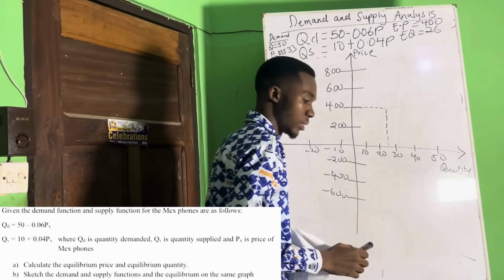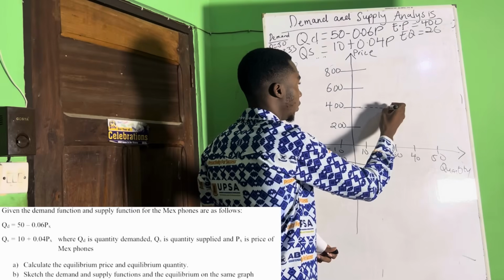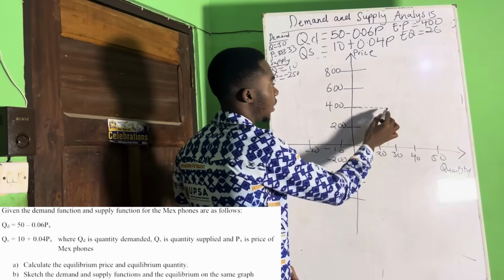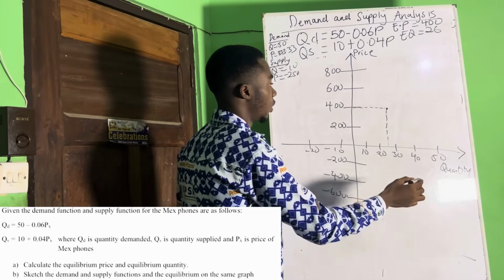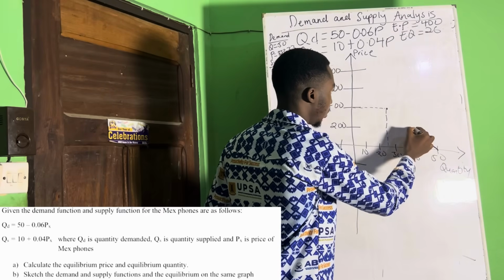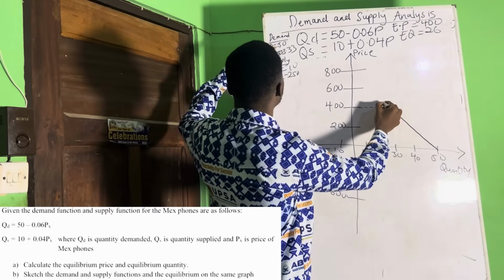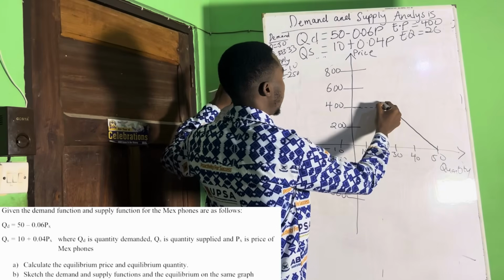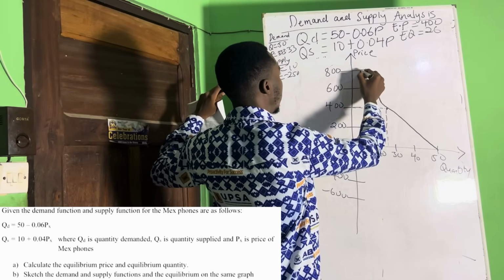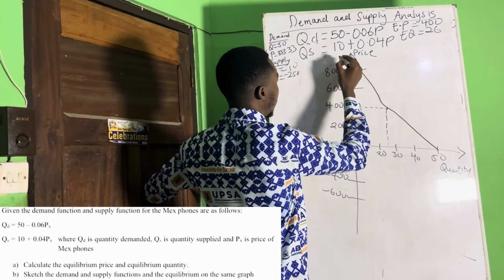This particular part, it always has to pass through this point. This is the equilibrium point. It always has to pass through it. So the quantity was 50. So we draw it. Then the quantity is 50 and the price is 833.3. So it will be somewhere here. Yes, so 833.3 will be somewhere here. So you can just write it here.